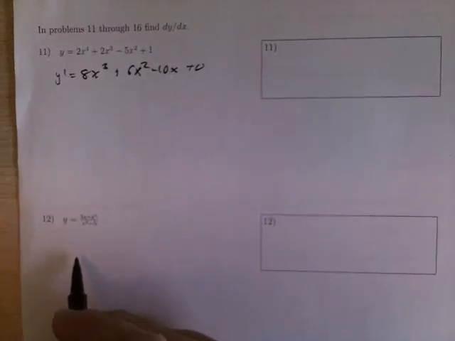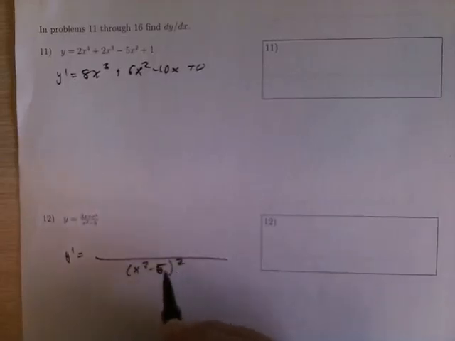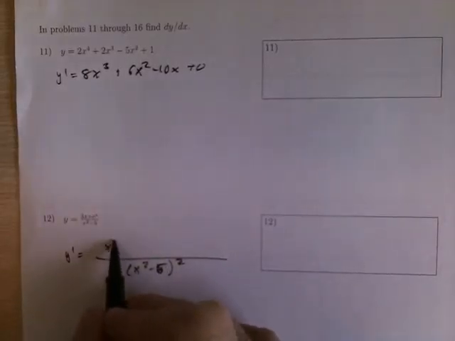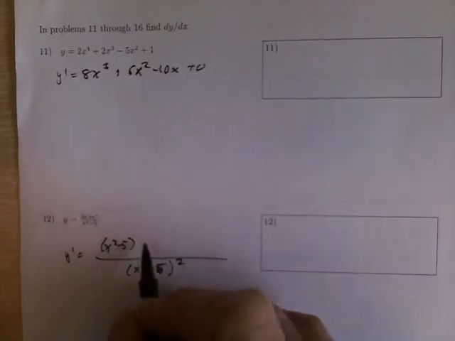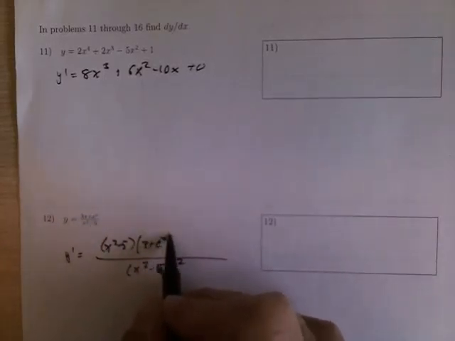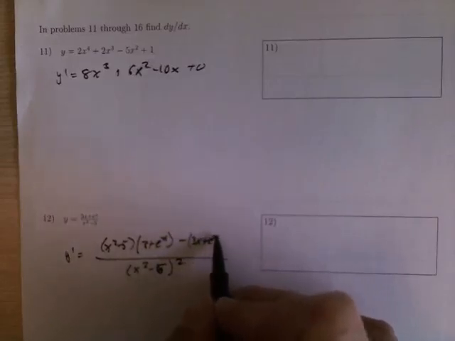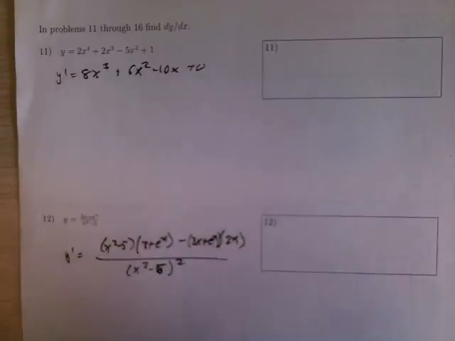This is a quotient, so you've got the bottom squared, the bottom times the derivative of the top. Derivative of the top is 3 plus e to the x, minus the top times the derivative of the bottom, right?